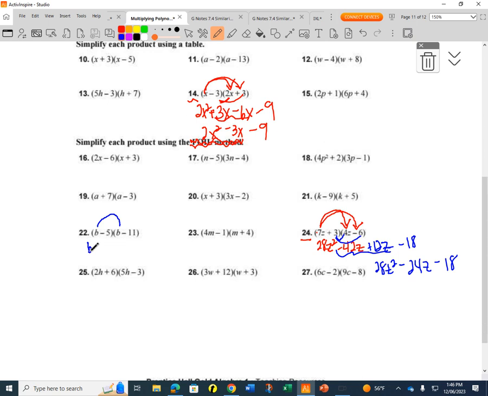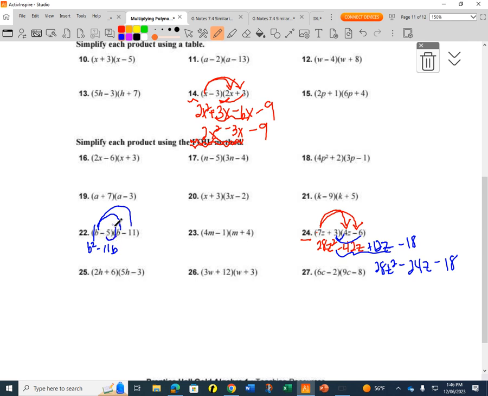B times B? B squared. Yes, remember b to the first times b to the first, you add those exponents. That's our shortcut. B times negative 11? Negative 11b. So the coefficient on that b is 1. 1 times negative 11 is negative 11. And we have to keep our b. Negative 5 times b, same thing.